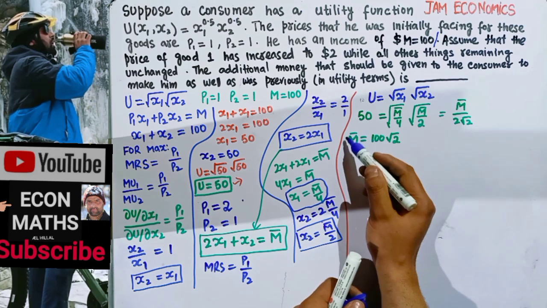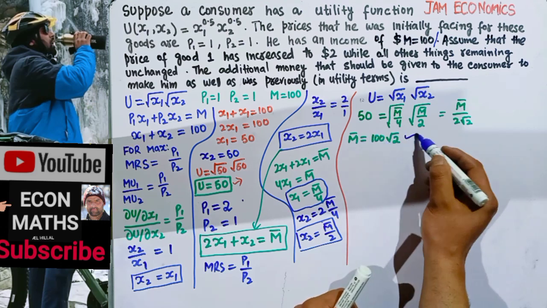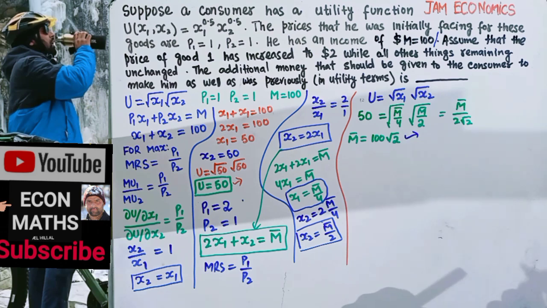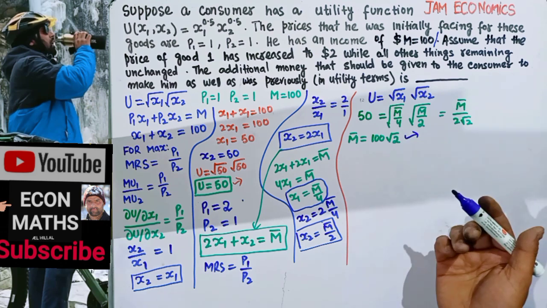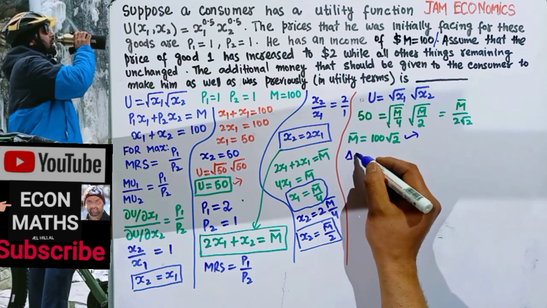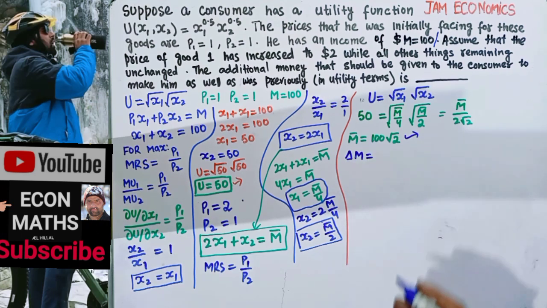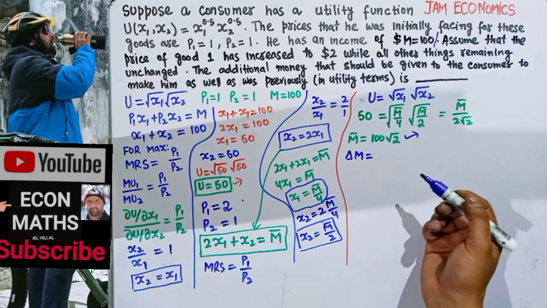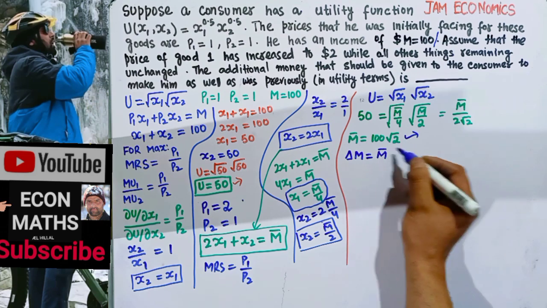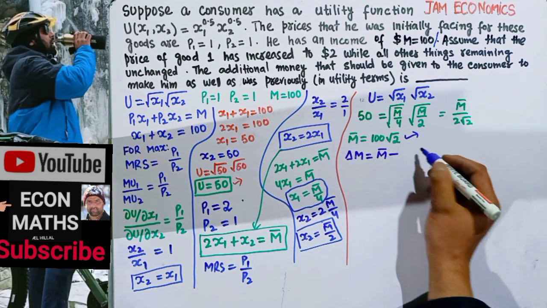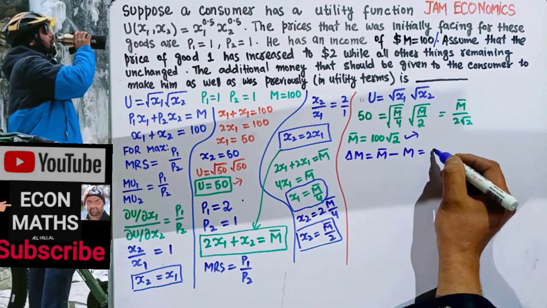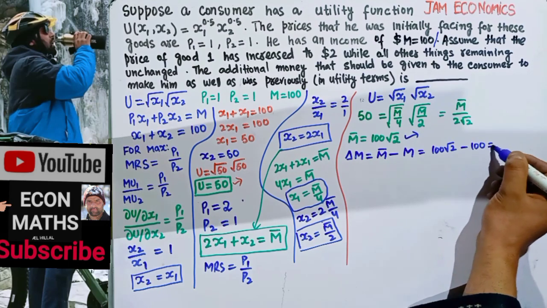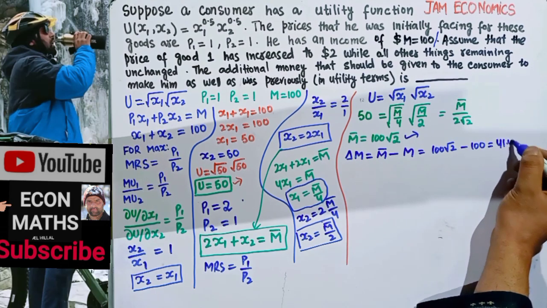Okay, we need to give the consumer, that means new income should be equal to this much amount. But we need to find out the additional income. So the extra income that we want to give to the consumer so that he feels as good as he was earlier will be equal to the new income, that is m dash, minus the initial income m, which is equal to 100 under root 2 minus 100, which comes out to be 41.42.